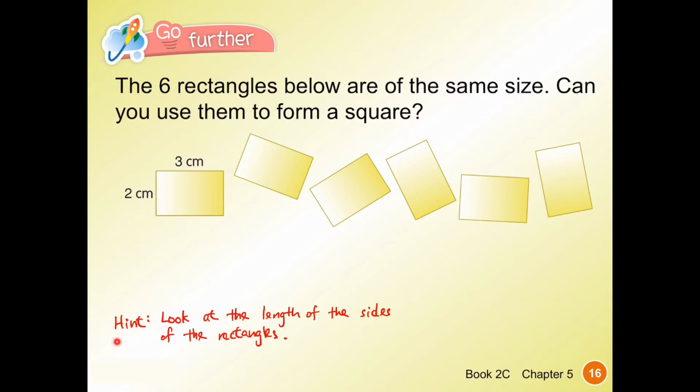This is the hint for you to work on this question: look at the length of the sizes of the rectangles when you are trying to put the rectangles side by side, and also one on top of the other, in order to form a big square. So please pause the video for now and try to work on this question on your own, and then in 2 seconds I'll show you the answer.